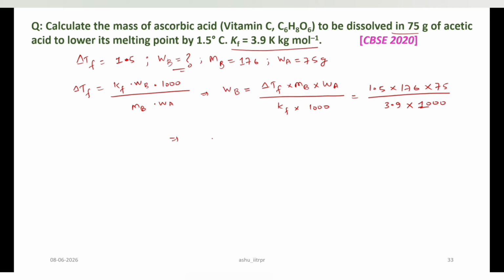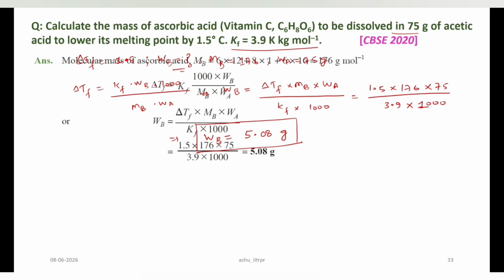When you solve all of this, WB comes out to be 5.08 gram. That is the amount of ascorbic acid to be added to this solution.